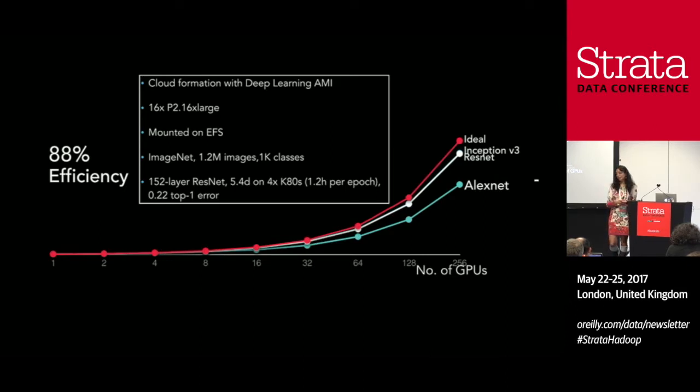So if you're running deep learning in production, or you really have a very large-scale model that requires a large number of GPUs, that's when it becomes very important to have an efficient deep learning package. And mxnet scores very high on that.